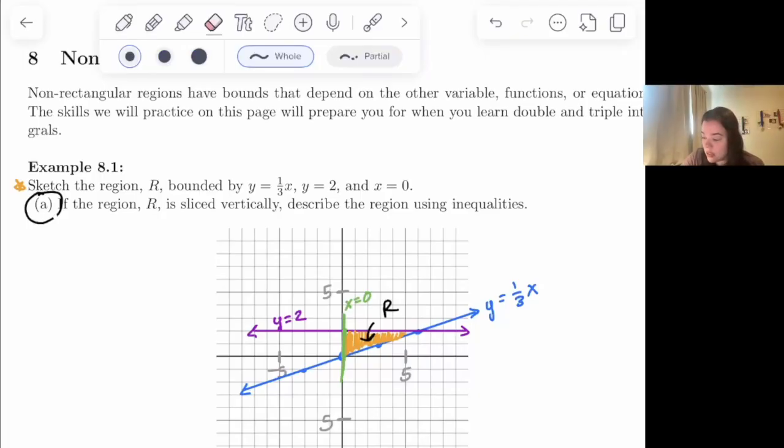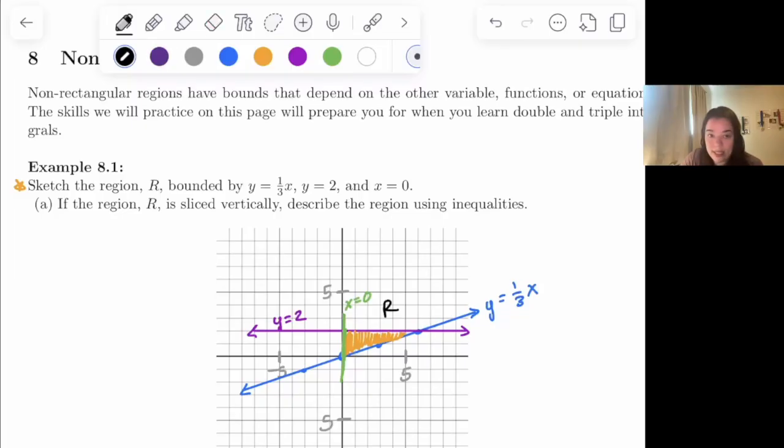All right, so slicing region R vertically means we are going to go into region R and slice vertically. And what I do is think of those slices as a person. So the head is in the positive direction, the feet are below you.